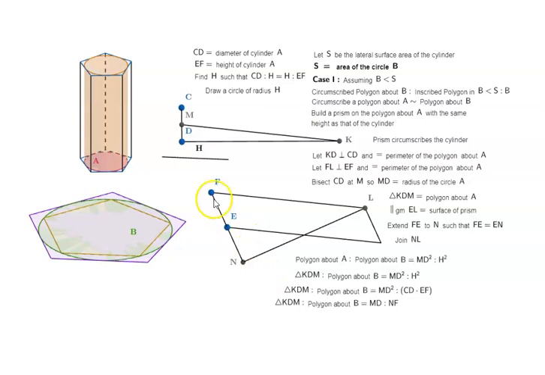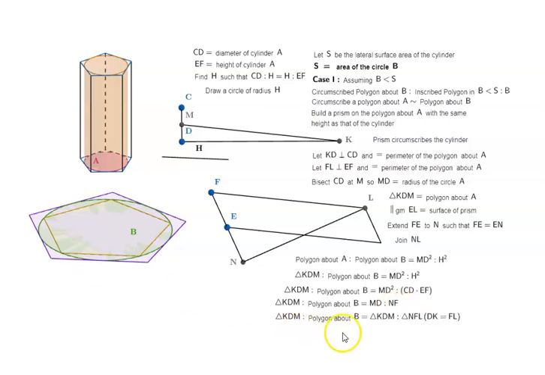Now, how did this NF come? Think of it like this. MD is half of CD. So to maintain the proportionality, we have to arrive at something which is twice EF, which is nothing but NF. So triangle KDM is to polygon about B is equal to MD is to NF.